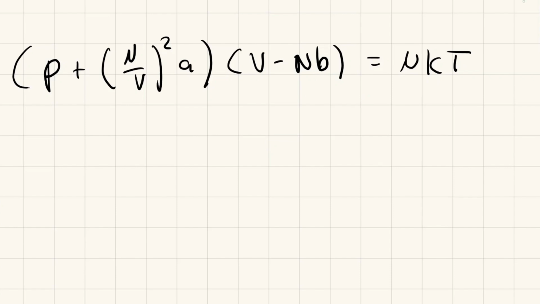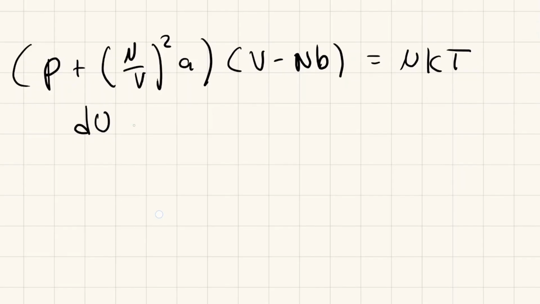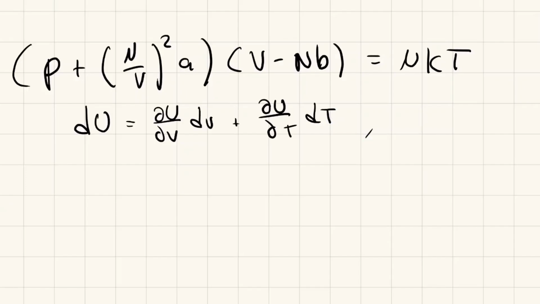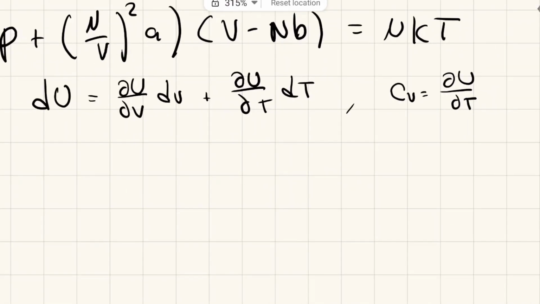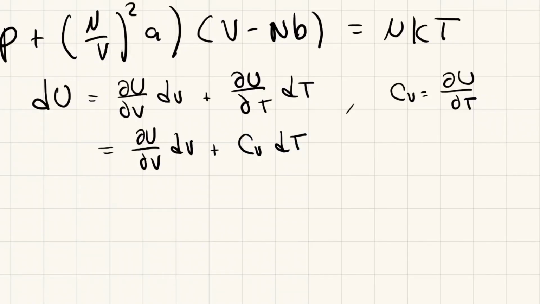So in that first lesson, we were talking about the internal energy, and we said that the differential of internal energy dU can be written as the derivative of U with respect to V dV plus the derivative of U with respect to T dT, and we defined the heat capacity of the gas as Cv equals the derivative of U with respect to T, right? That means we can rewrite this as the derivative of U with respect to V dV plus Cv times dT.